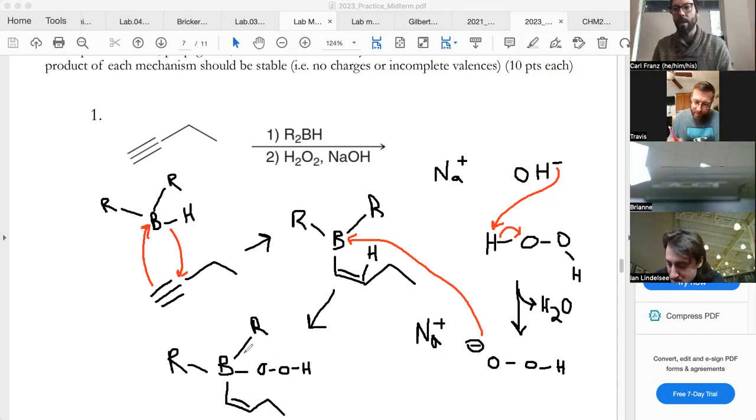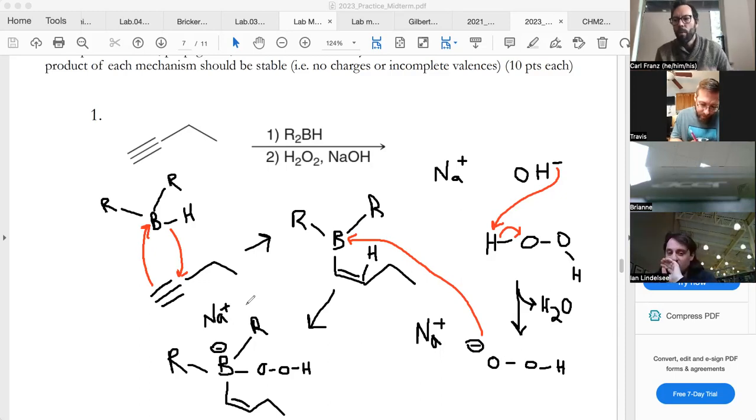That's no good, right? So that's going to give it a negative charge. And so that sodium could say, oh, hey, I'm going to hang out with the boron now. It's kind of promiscuous. It's like, okay, now boron's my best friend. But that's not stable, right?